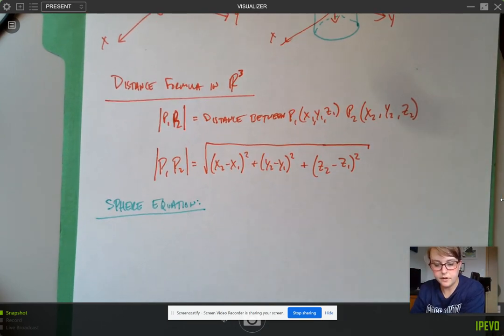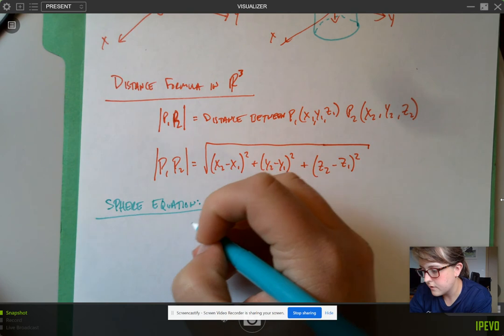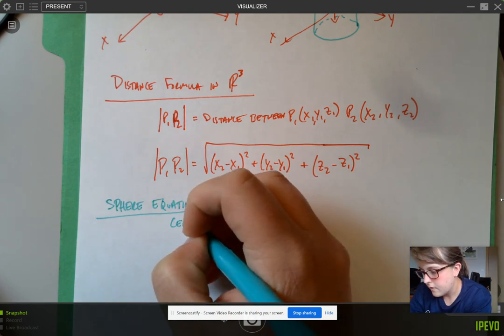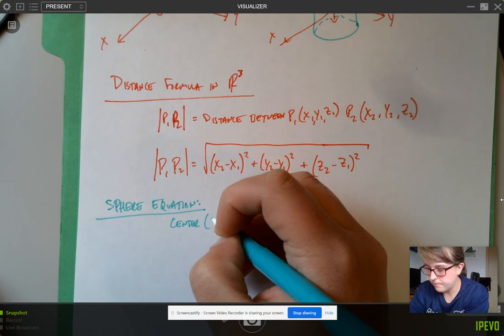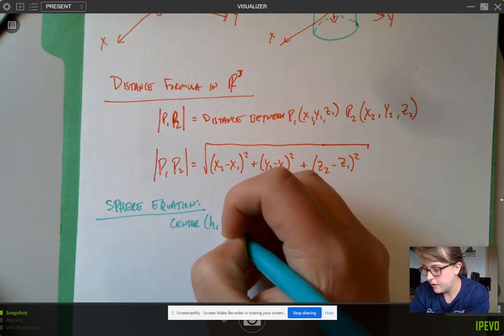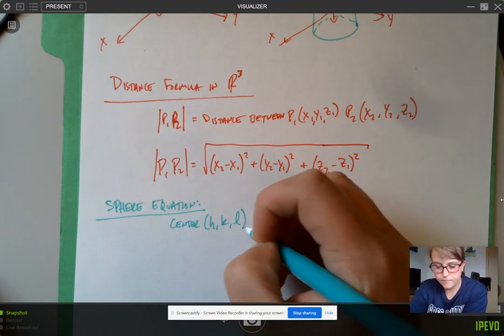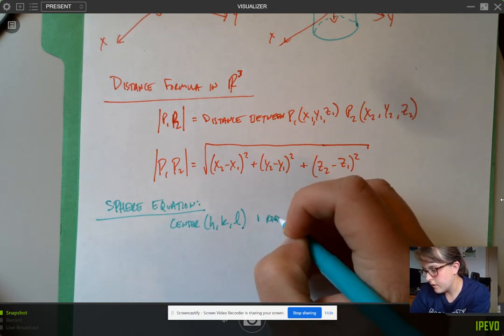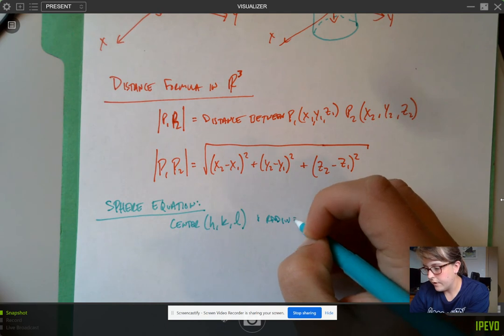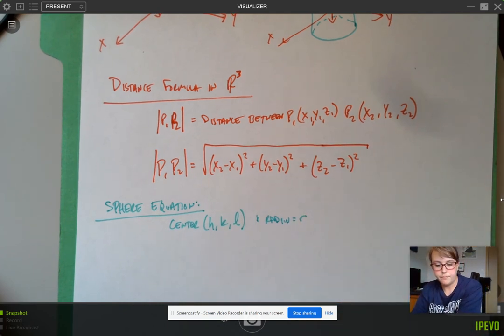So this sphere is going to have a center of h, k, l, and the radius is going to be lowercase r.